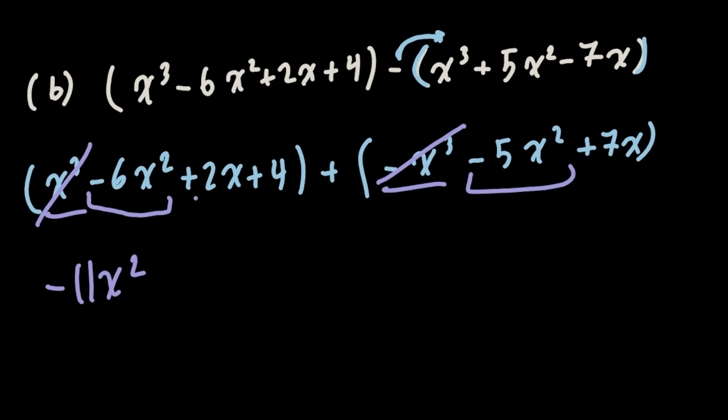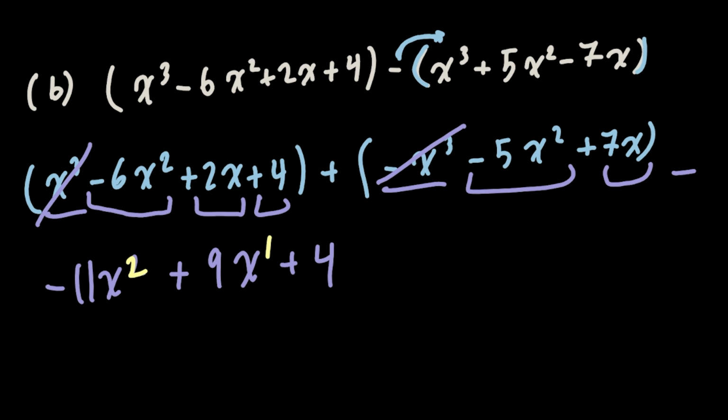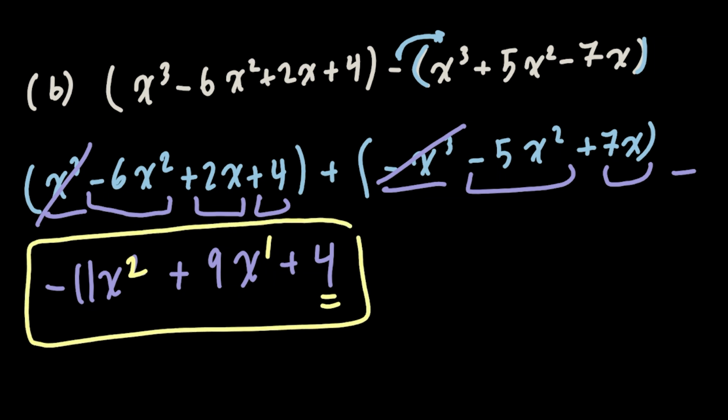Here we have 2x, here we have 7x, so we will have plus 9x. Here we have plus 4, and here we don't have a number, so we'll just get plus 4. If you can see, here we have power of 2, here we have power of 1. This term is a constant, so this expression cannot be simplified more, so this is the final solution.